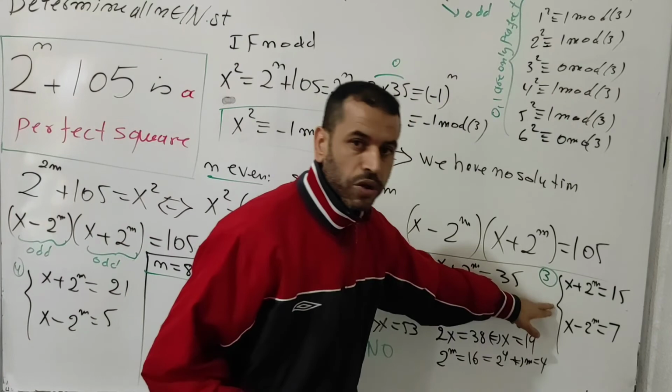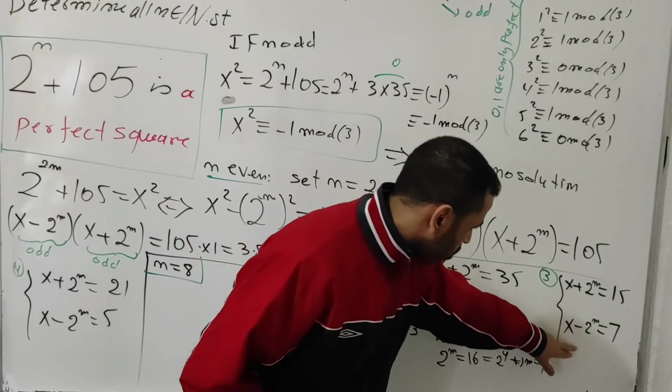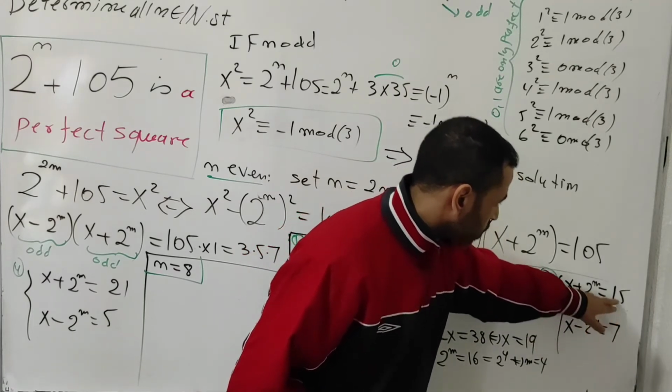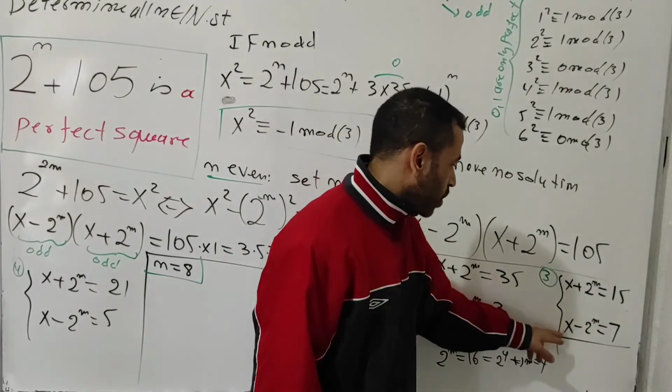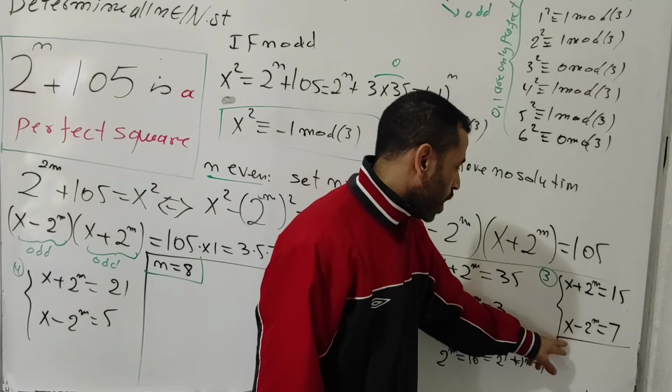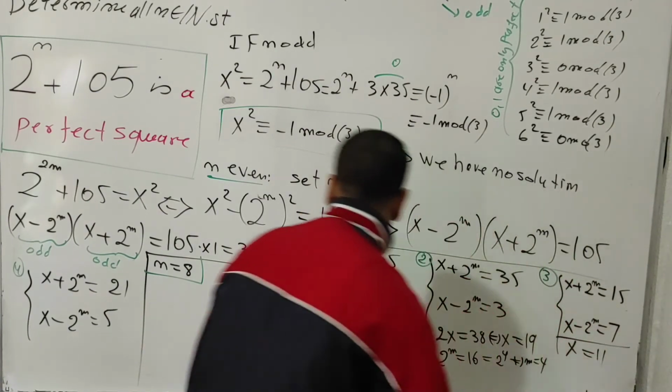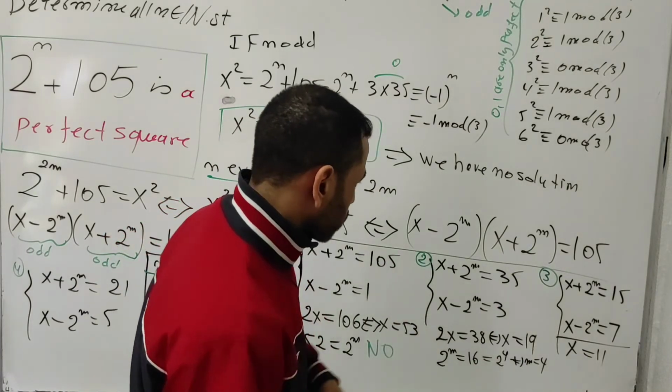Let's move on to the third equation. By adding the first equation and the second equation, 2 to the m is eliminated. I get 2x equals 7 plus 15, which is 22. By dividing both sides by 2, I get x equals 11.